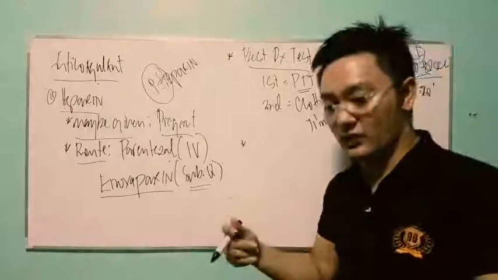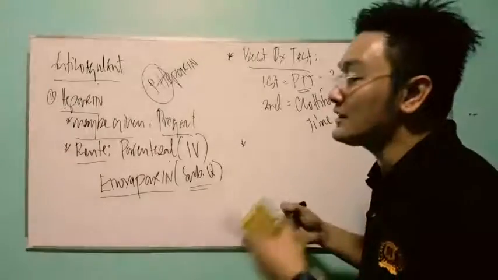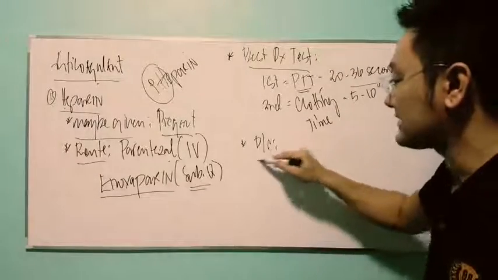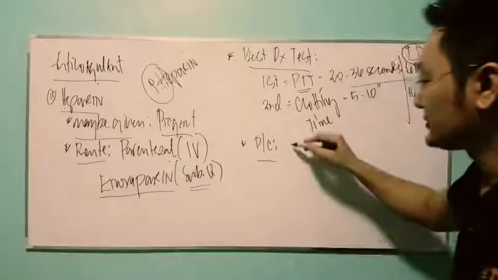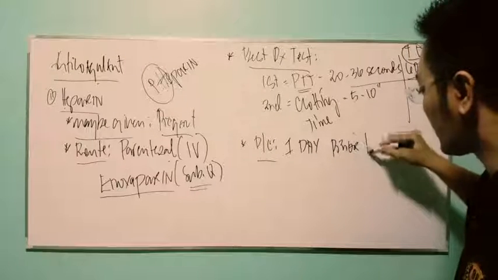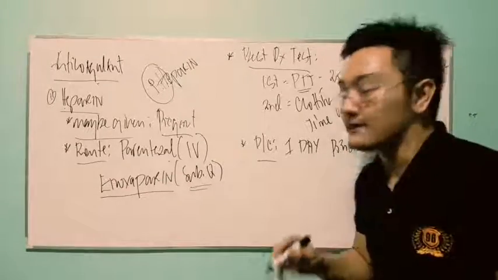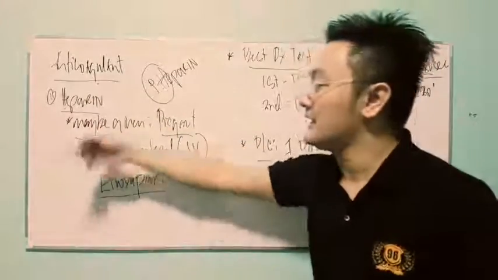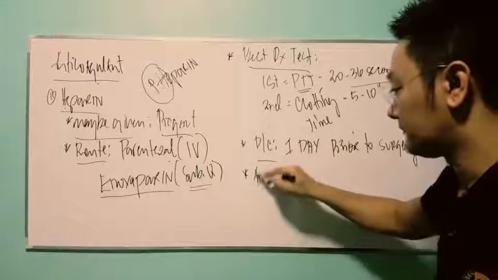Next, third question. What if the patient is scheduled for a surgery or invasive procedure? When do you think is the best time to discontinue heparin? Now remember, the best time to discontinue heparin is a day prior to surgery. Can you follow? So discontinue it one day prior to surgery. Now, if the patient develops overdosage of heparin, what do you think is the antidote?